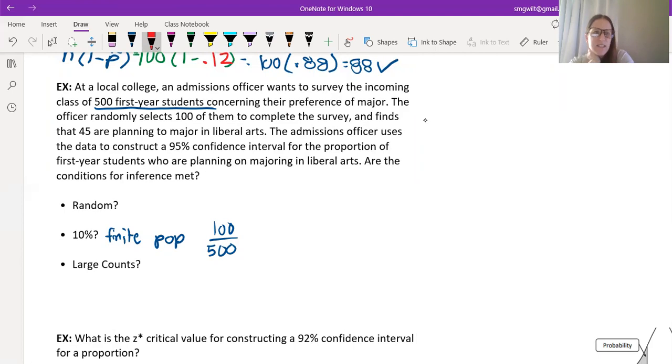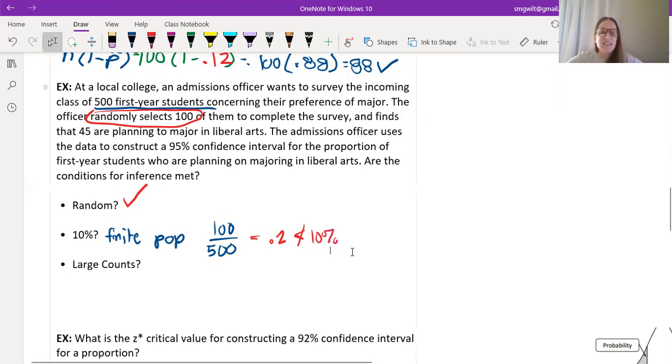So I missed this: he randomly selects 100, so it is random. If we're checking the finite population, we want to see, does 100 divided by 500 meet the 10% threshold? If we divide 100 by 500, 1/5 is 0.2. So that's 20%, and it needs to be less than 10%.